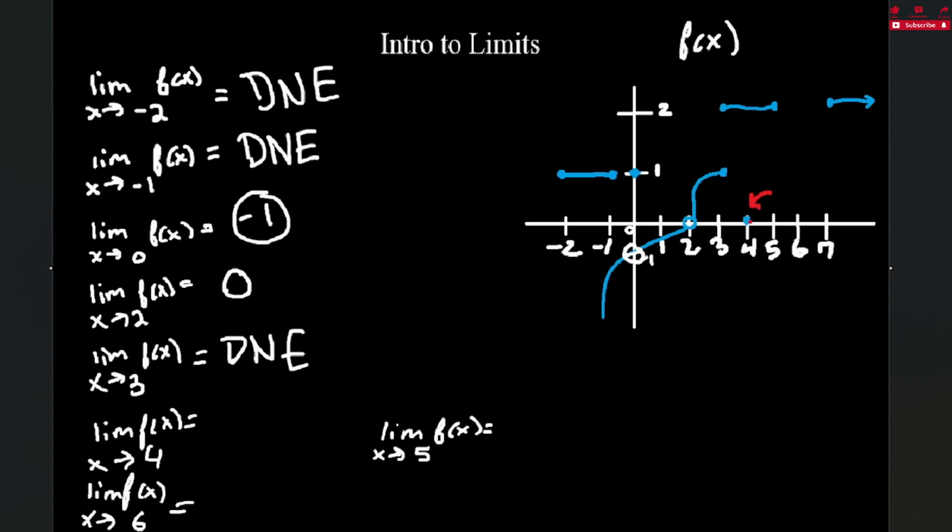So even if there's a point, f of 4 also equals 0, we don't care about this actually. We only care about what it's approaching. And if there's a hole here, it's still the same concept. So that's actually a better way to look at it. So as x approaches 4, we see we have 2. So the value is 2.